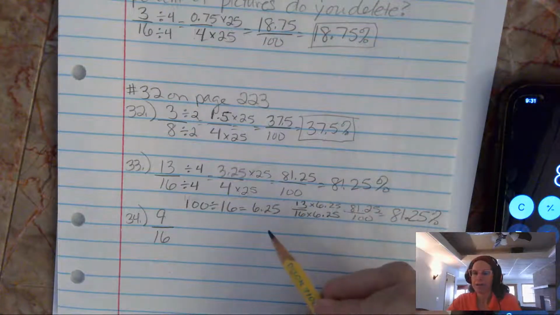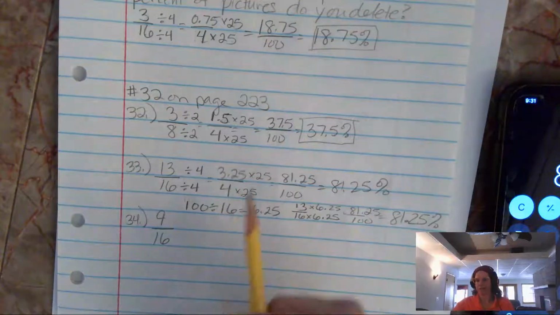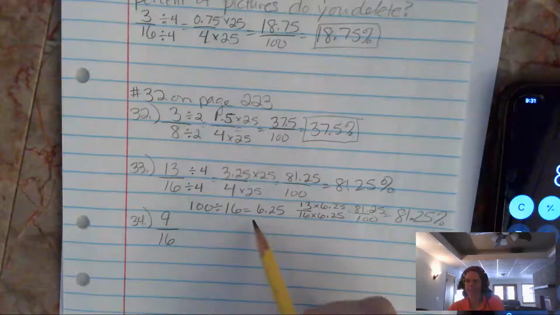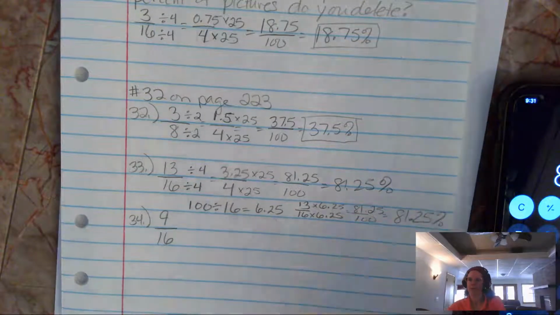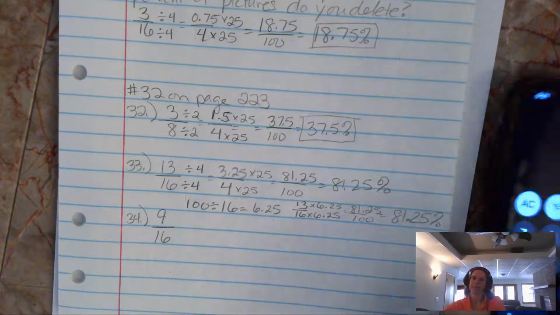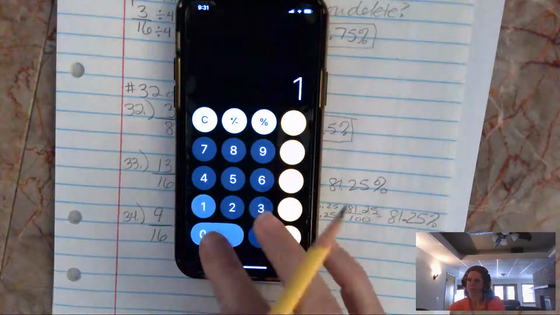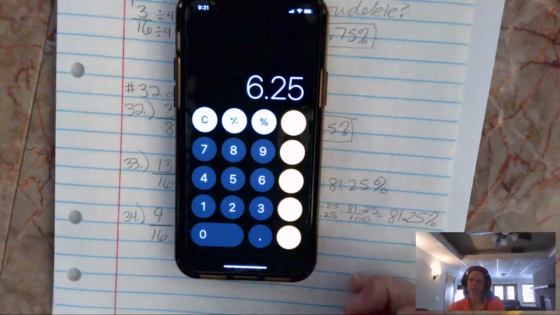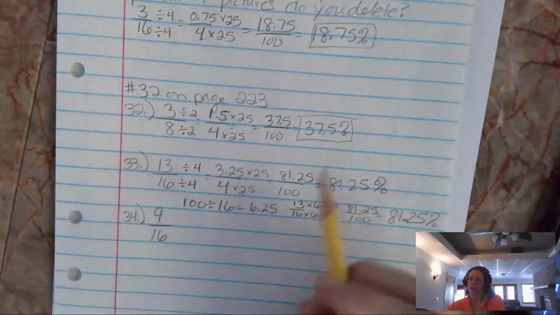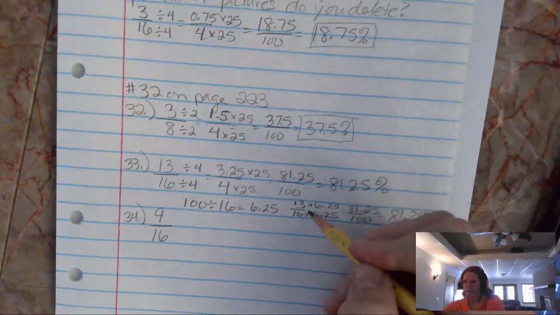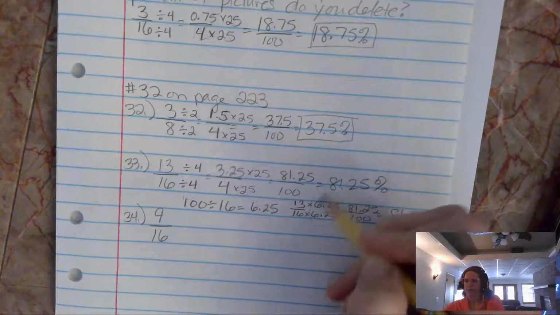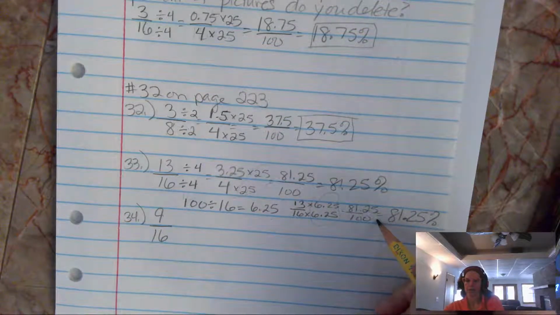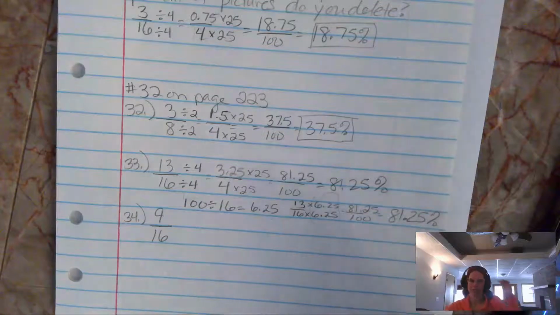I also did method 2, that second way that I showed you, where I did 100 divided by 16 is 6.25. And again, I just used my handy dandy calculator, guys. 100 divided by 16 is 6.25. And then I multiplied both my numerator and my denominator by that same scale factor, and I got 81.25 over 100, which is 81.25%.